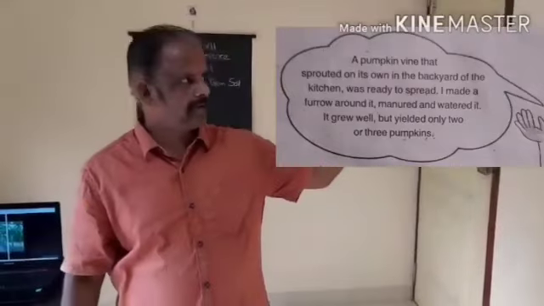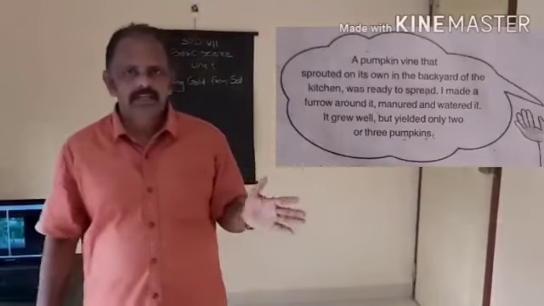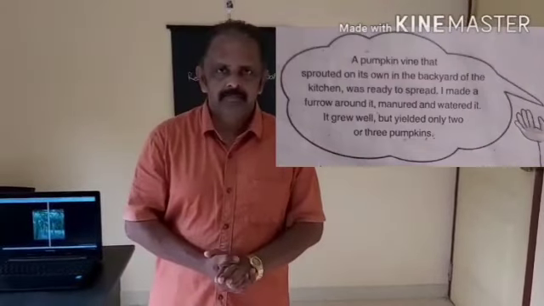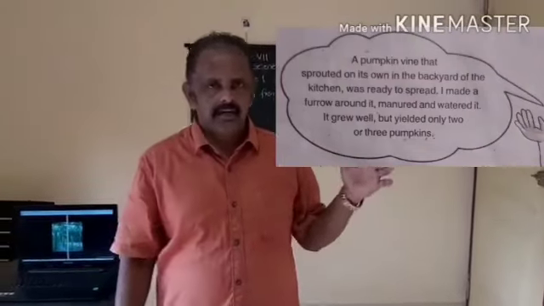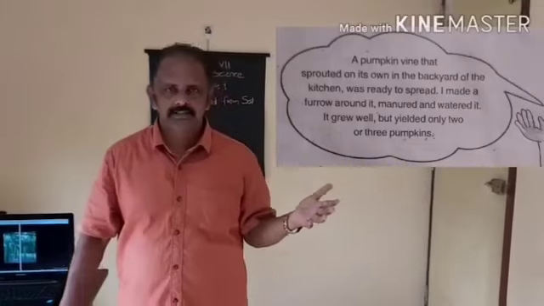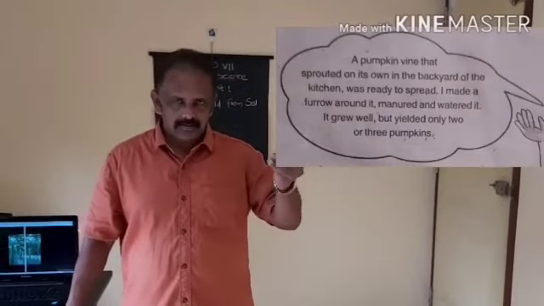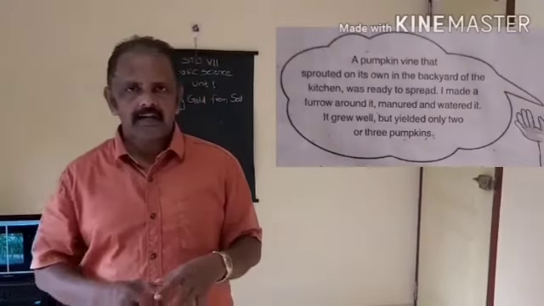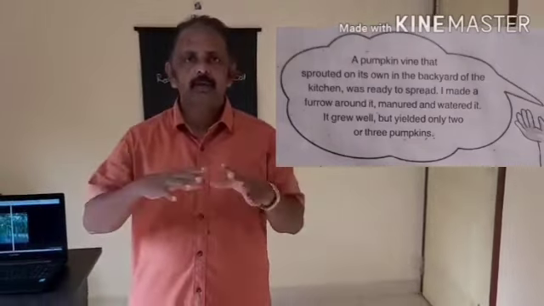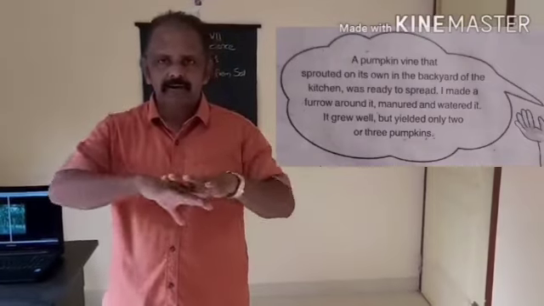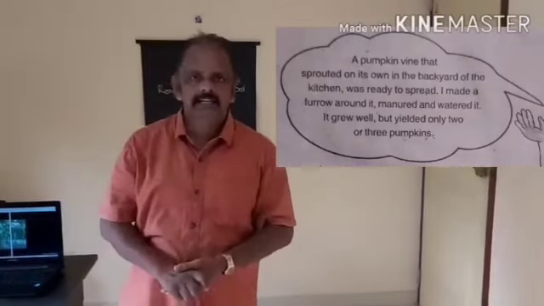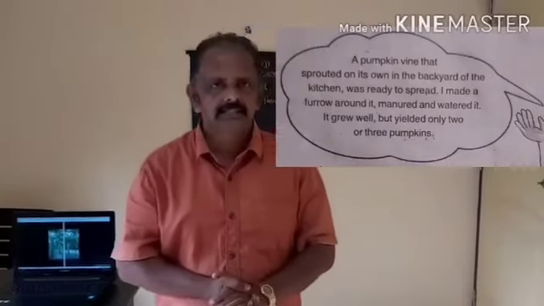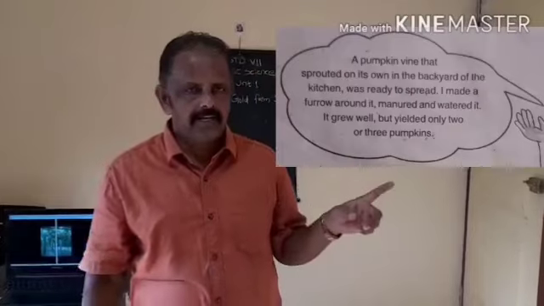A pumpkin vine sprouted in the soil in the backyard. Then I gave enough nurturing for this and made a furrow around it, watered it, and the pumpkin vine grew well. It spread well. But he faces a problem. What problem does Babu face?